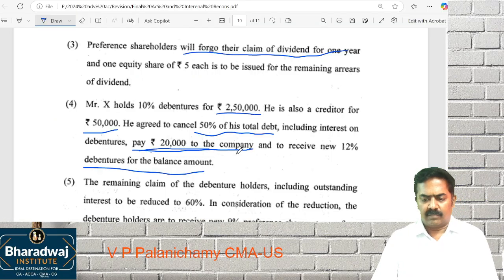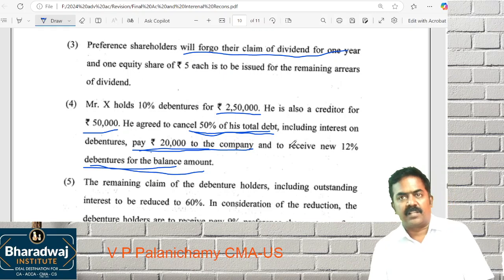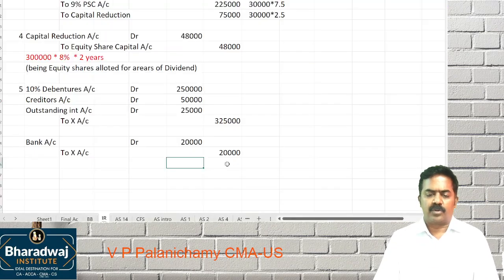Then what is given? He will receive 12% debentures. He agrees to cancel how much? 50% of the total debt, and receives 12% debentures for the balance amount.